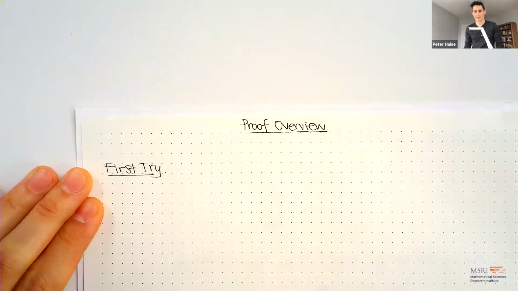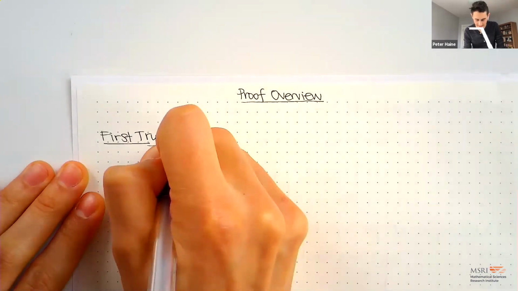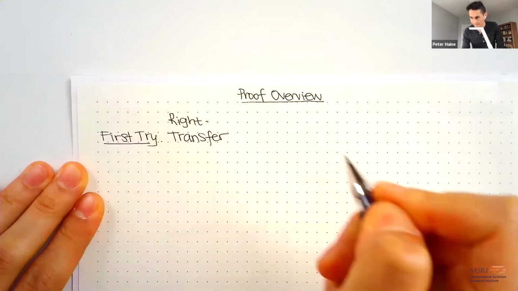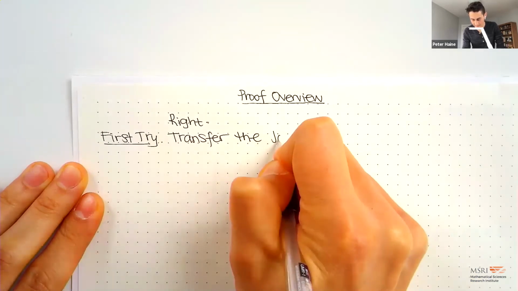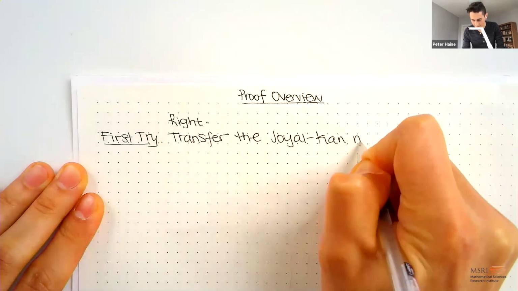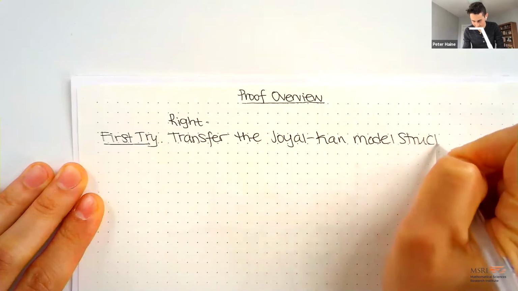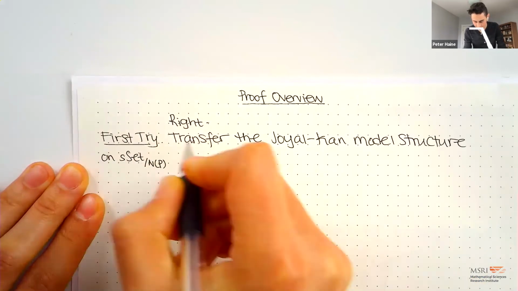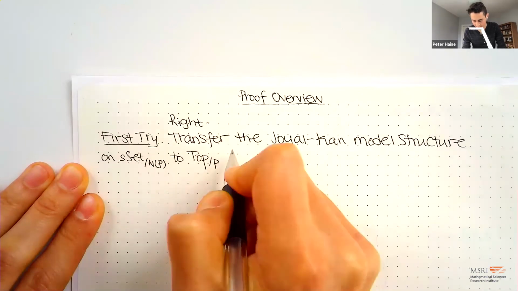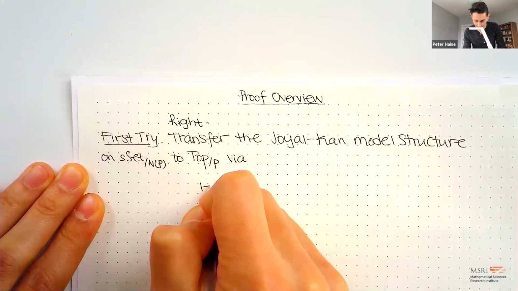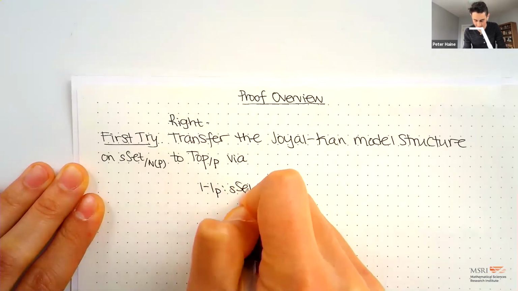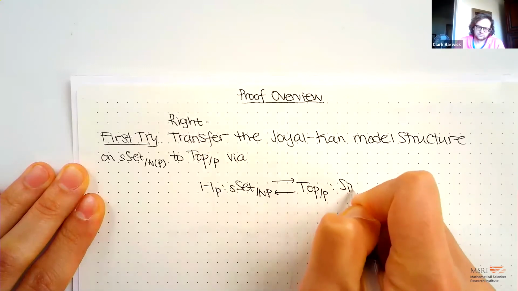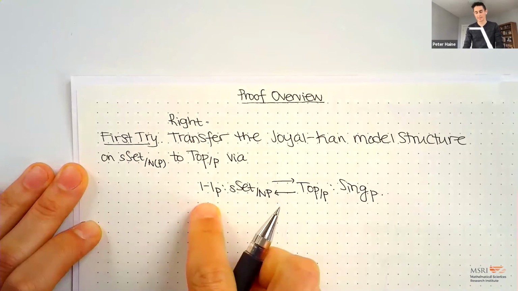So your first try for proving this theorem is to transfer what I call the Joyal-Kan model structure on simplicial sets over the nerve of P to topological spaces over P via the adjunction that we've been considering, this stratified realization and Sing P. So you might try to transfer this model structure.